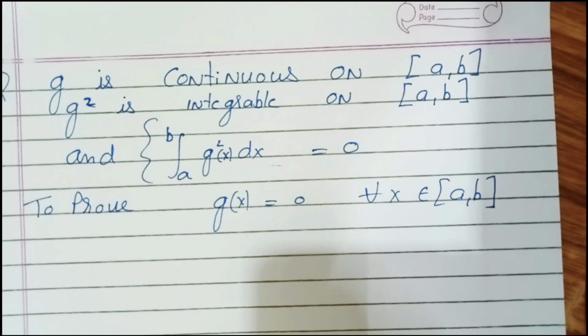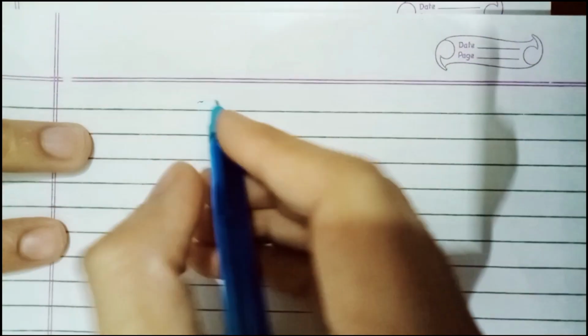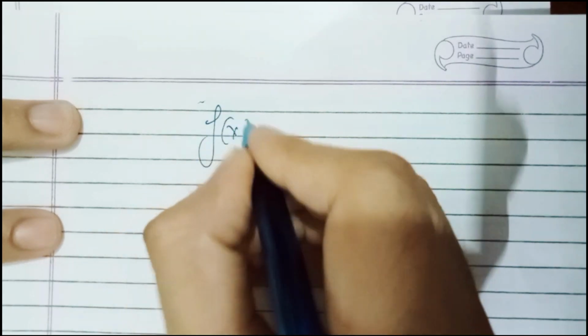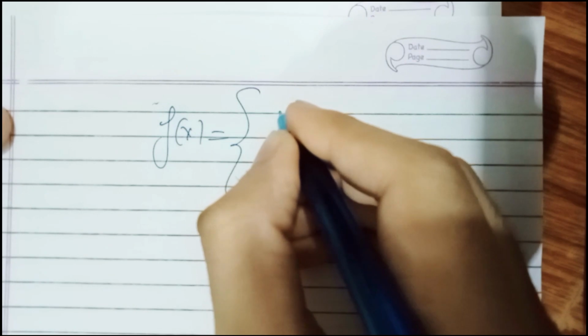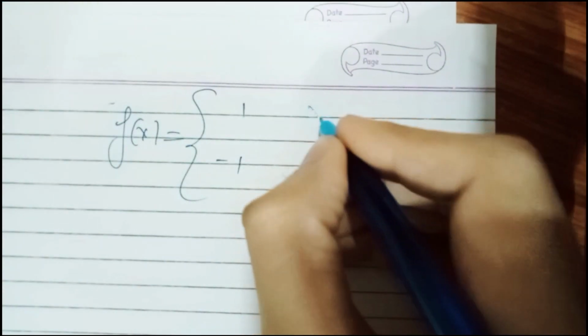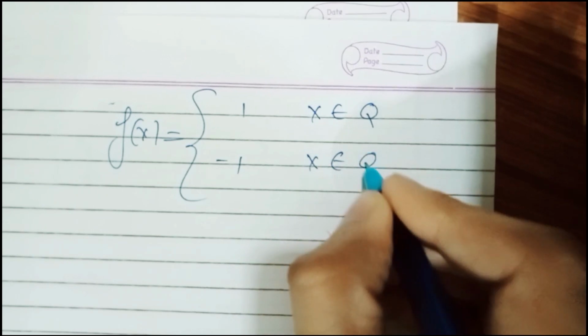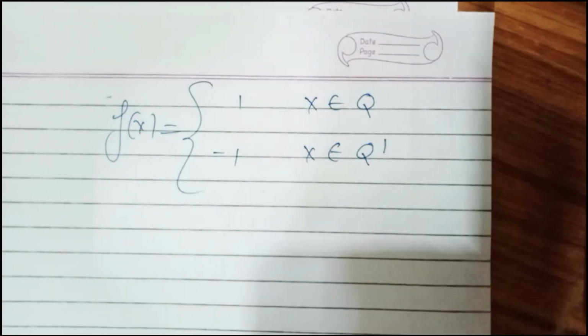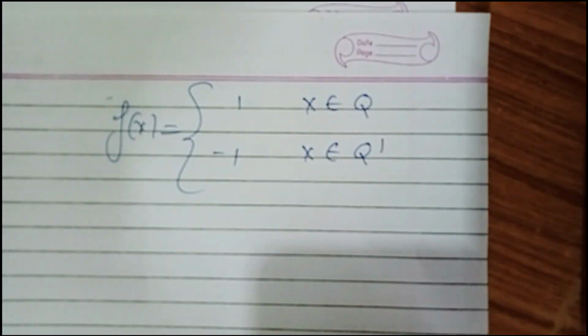I define my f as, it's a very famous function, take 1 for all x belonging to rational numbers and minus 1 for x belonging to irrational numbers. This function is not integrable. Well, you may say its square is integrable.